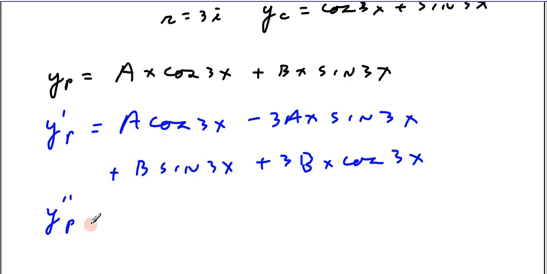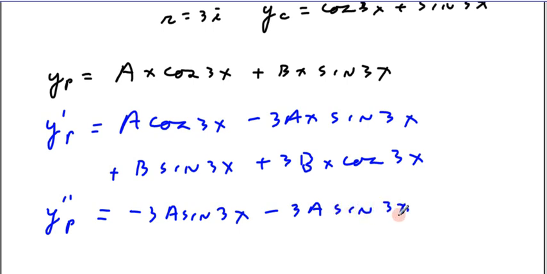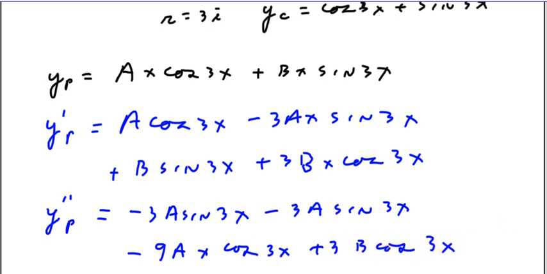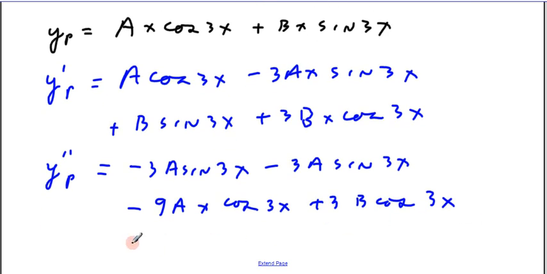Y double prime p is minus 3a sine 3x minus 3a sine 3x minus 9ax cosine 3x plus 3b cosine 3x, two more terms, plus 3b cosine 3x minus 9bx sine 3x.